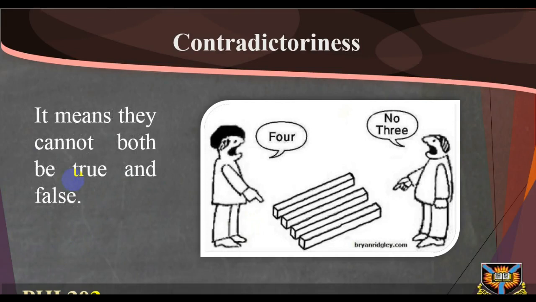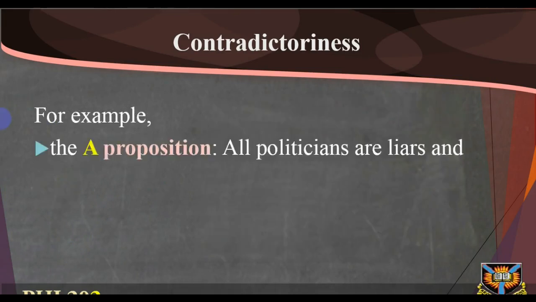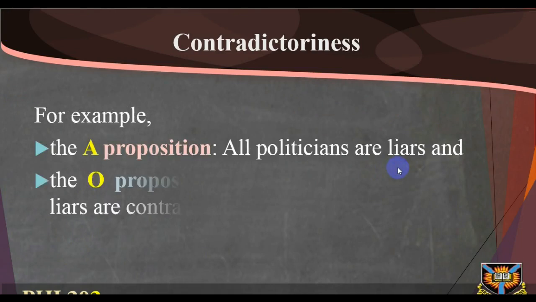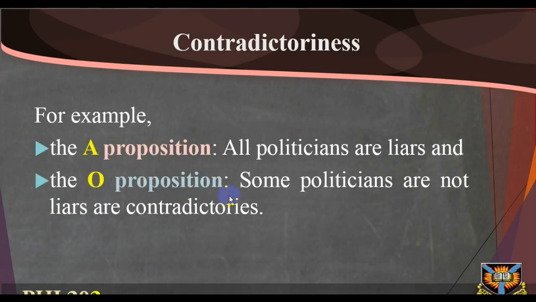For example, the A proposition, all politicians are liars, and the O proposition, some politicians are not liars, are contradictories. Similarly, the E proposition, no politicians are liars, and the I proposition, some politicians are liars, are contradictories.